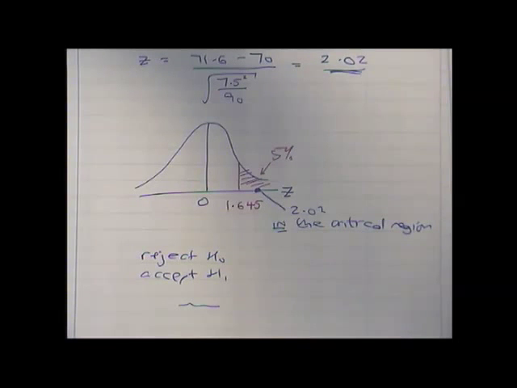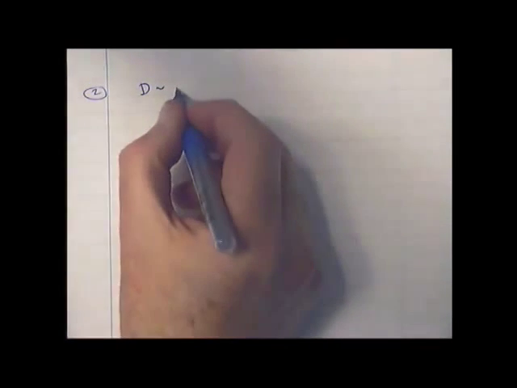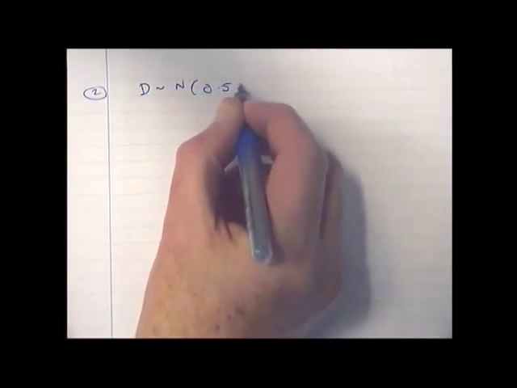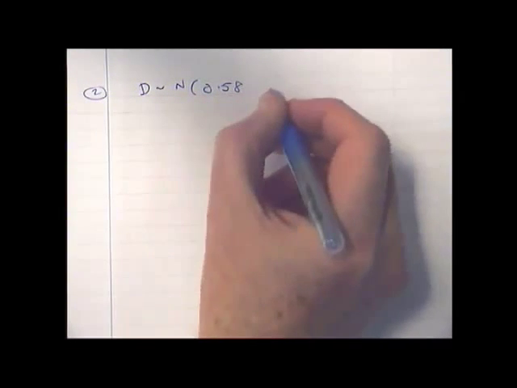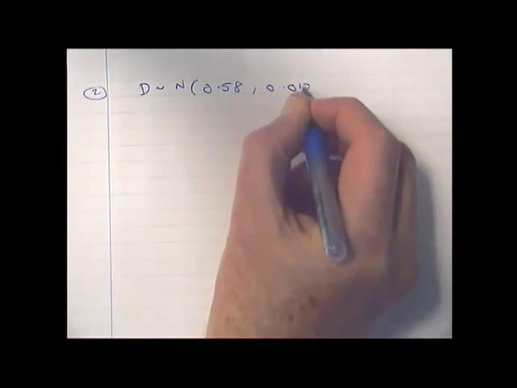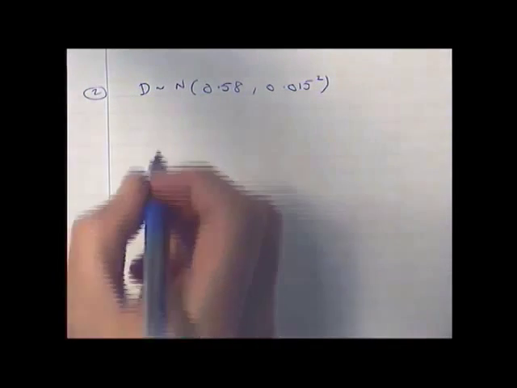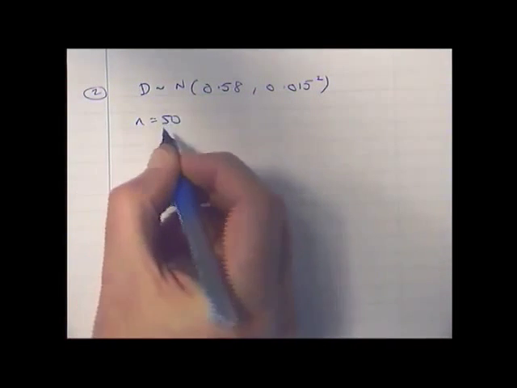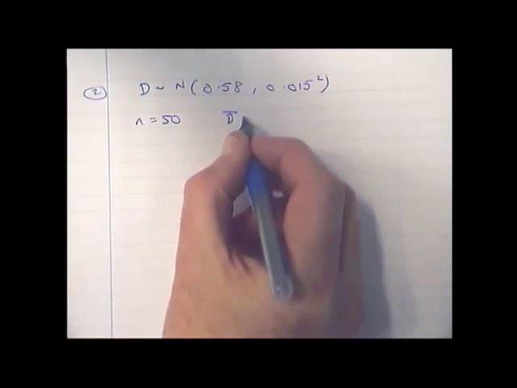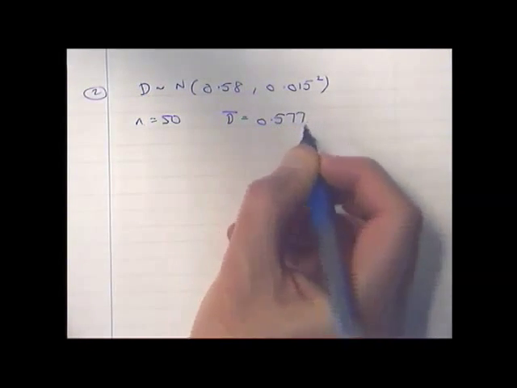But I'm just going to stop the video at that point. So example 2 was about diameters of bolts, normally distributed, 0.58, centimetres. We had variance, we had a sample of size 50, we were told the sample mean was 0.577. This is all from the old example 2.